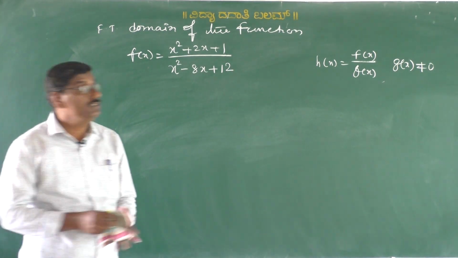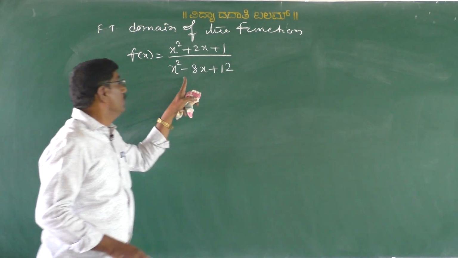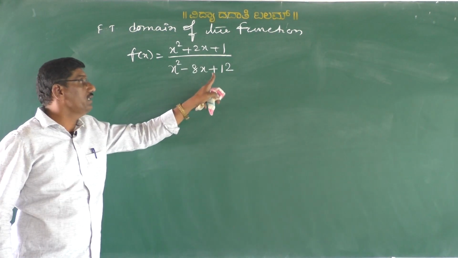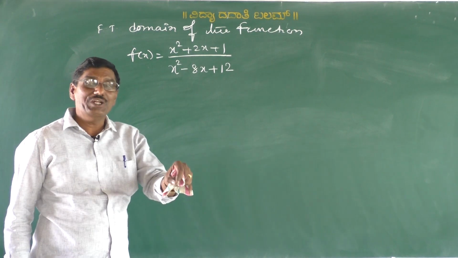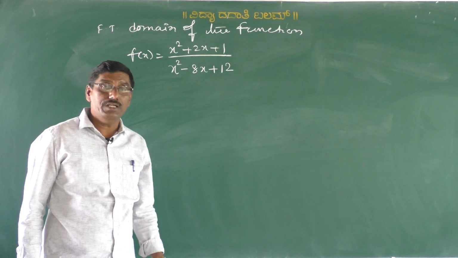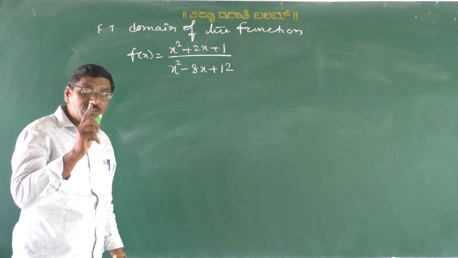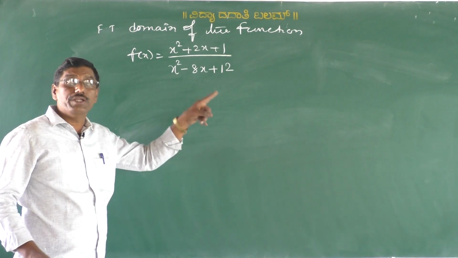From that condition, this function is defined when x square minus 8x plus 12 is not equal to 0, isn't it?